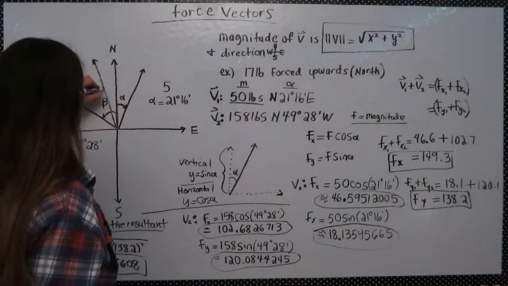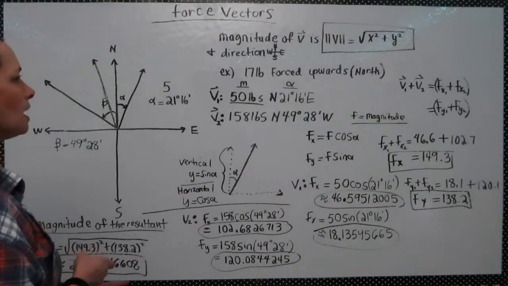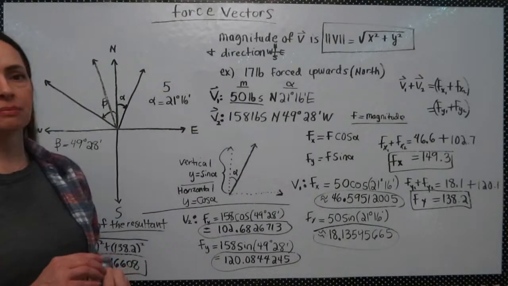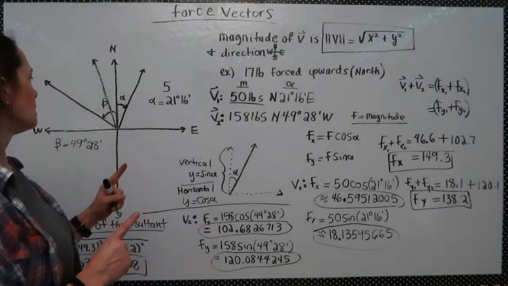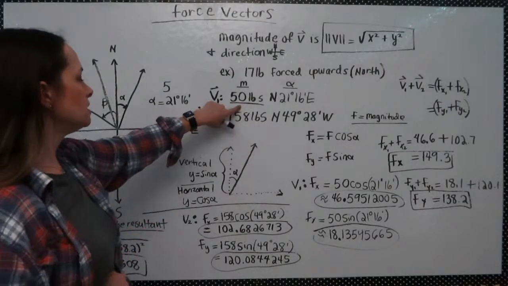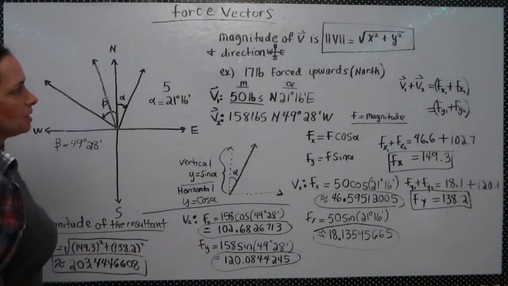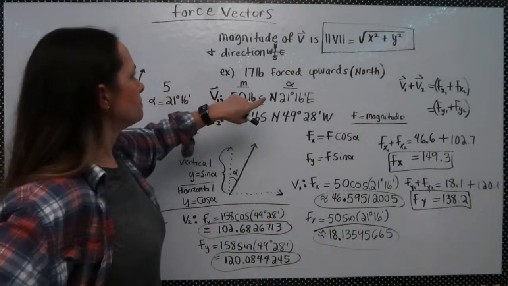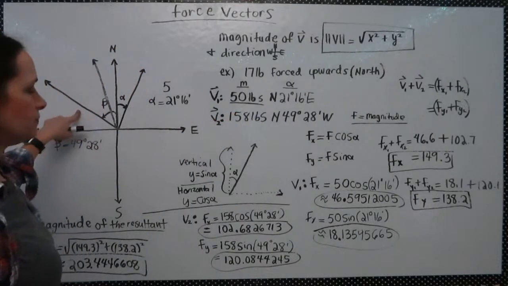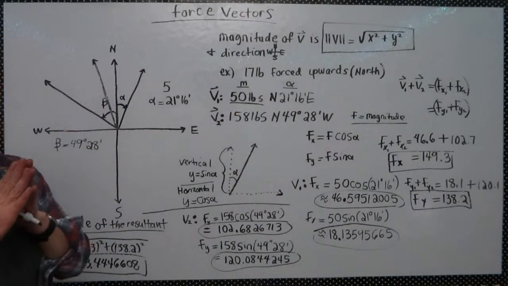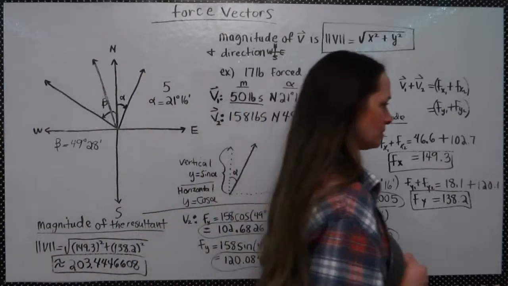But what we'd have to do again is use the tip to tail method to determine that, and that requires the actual measurement. So your vector would have to be like this one said 50, and this one was 158. Still, you'd have to actually have the quantities to be more exact in order to use those methods.